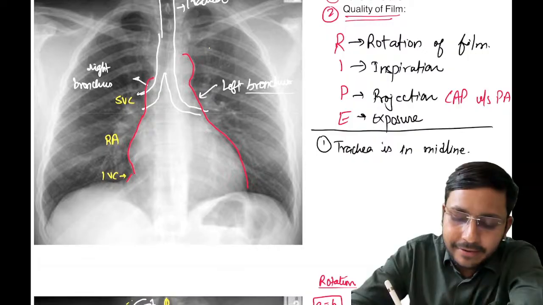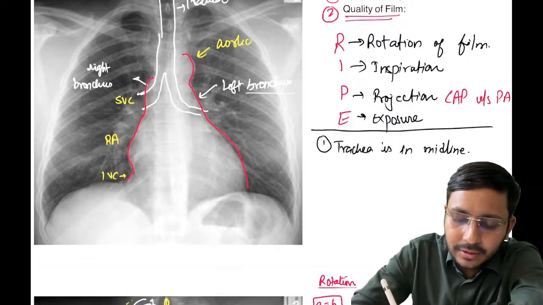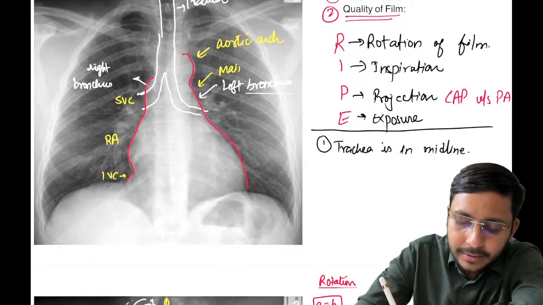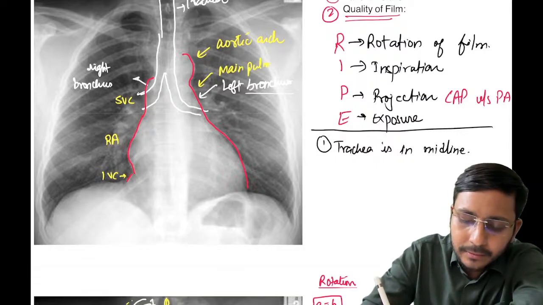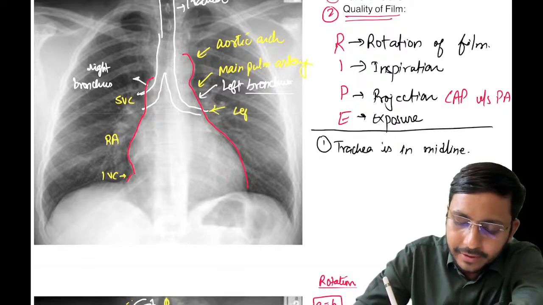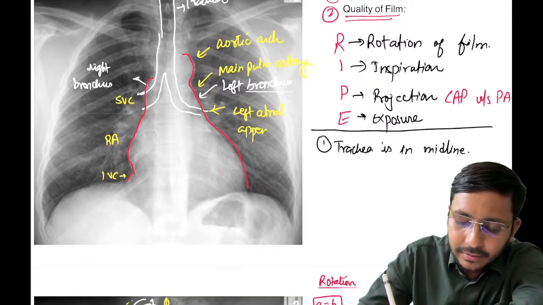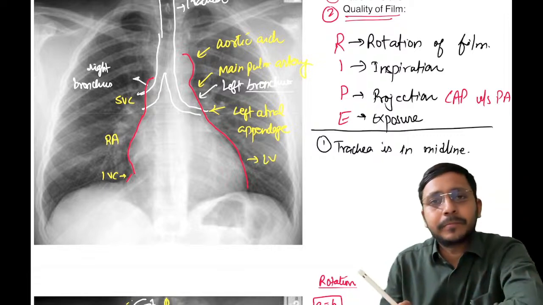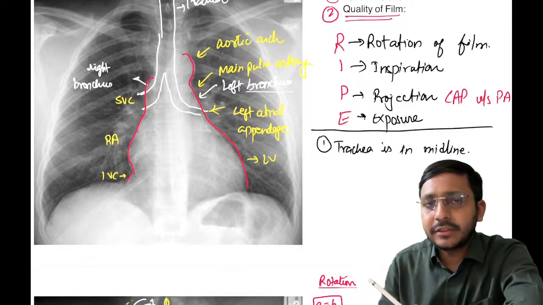On the left hand side, we have the aortic arch, the main pulmonary artery, the left atrial appendage, and the left ventricle. Right, these are the structures from the heart body.